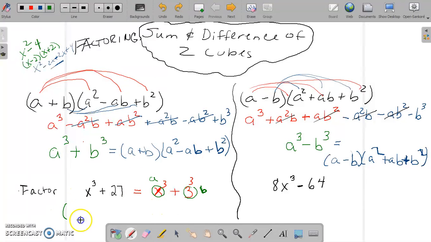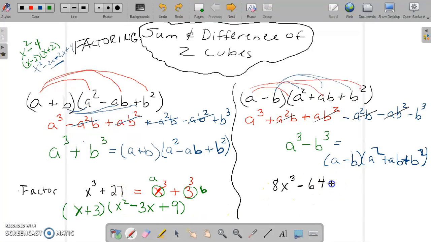When you go to factor this, we're going to have x plus 3 times x squared, minus a times b, which is x times 3, which is 3x, plus the b squared, which is 3 squared, which is 9. And that is x cubed plus 27 factored.